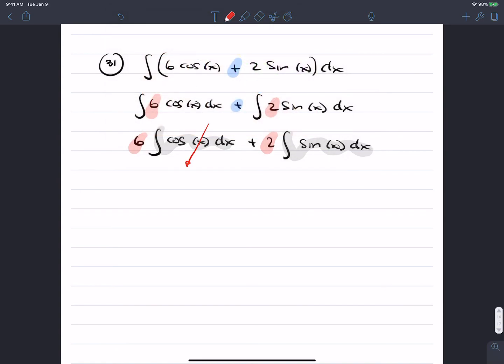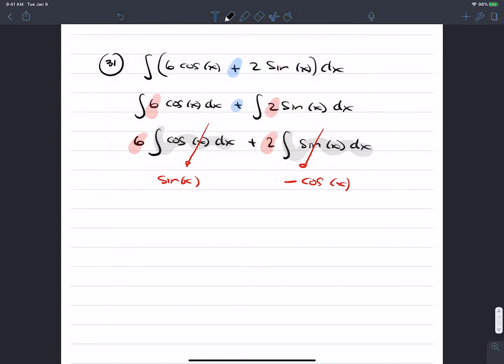So we need the integral of cosine, the integral of sine, or we should say the antiderivative of cosine and the antiderivative of sine. Let's see. The derivative of sine is cosine, so the antiderivative of cosine is actually sine here. The derivative of cosine is minus sine, so the antiderivative of sine is minus cosine.